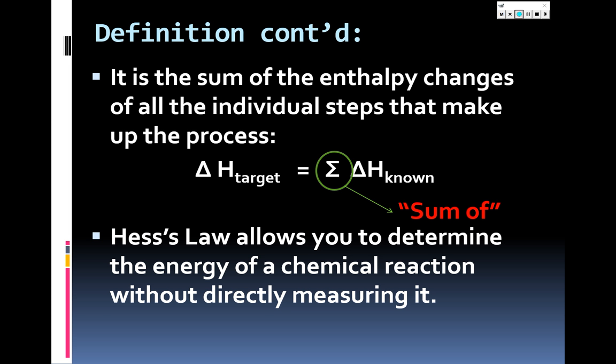So you can determine the energy of a chemical reaction without actually doing the reaction. So today we are going to find the enthalpy of combustion of magnesium without actually burning it, which is good because you can imagine burning magnesium inside your coffee cup calorimeter is not something I would call safe.